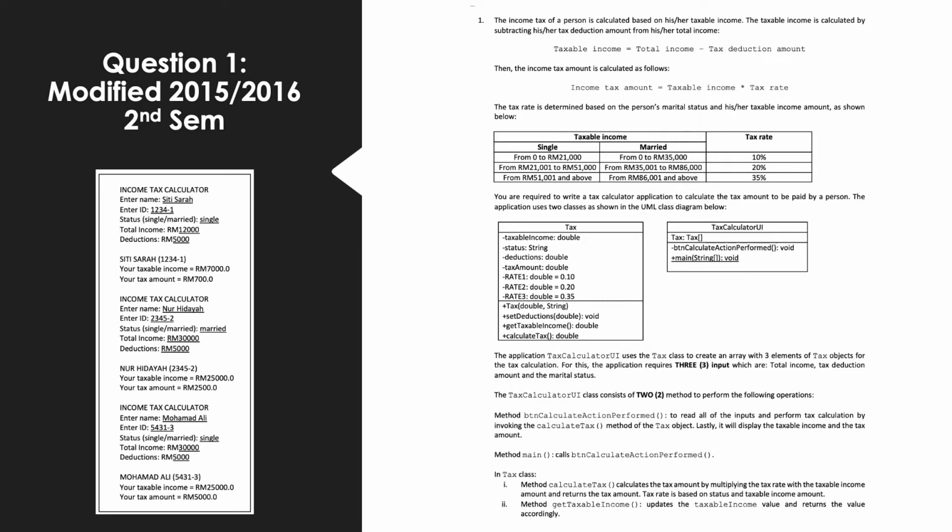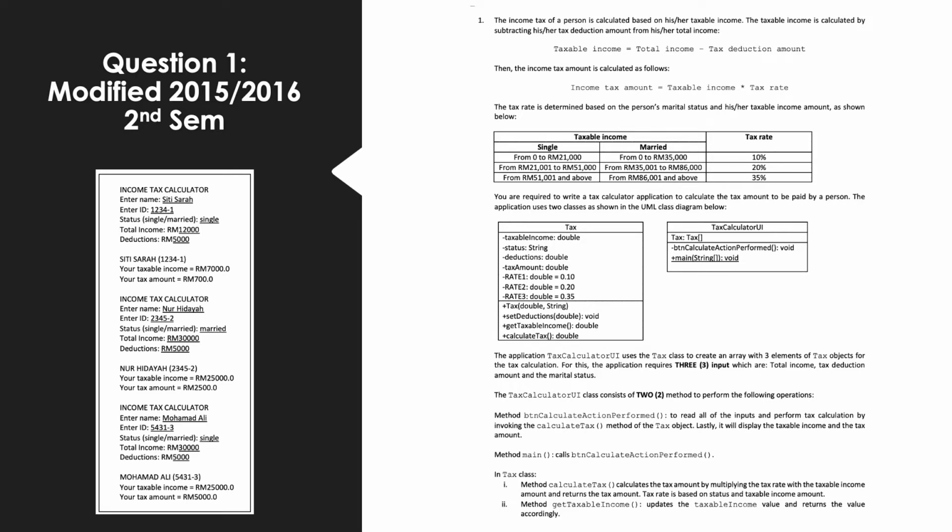The first one is the method buttonCalculateActionPerformed, which reads all the inputs and then performs tax calculation by invoking the calculateTax method of the Tax object, and then it will display the taxable income and the tax amount. It also has the method main, which calls the buttonCalculateActionPerformed.